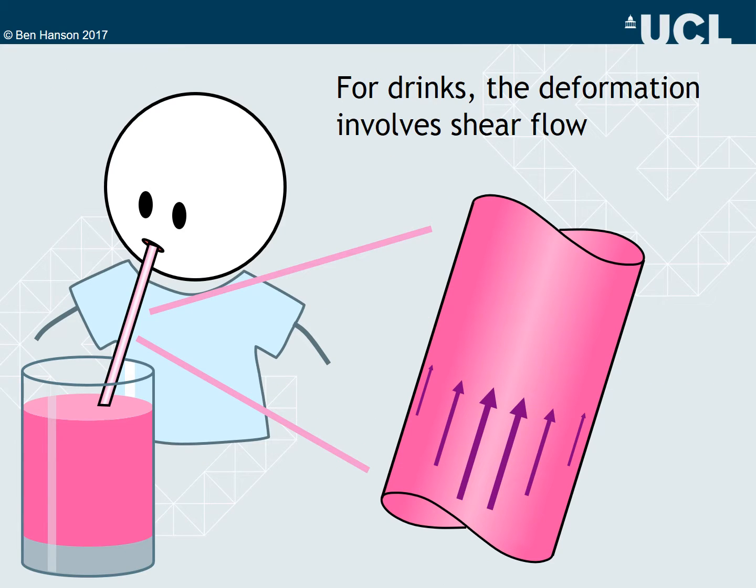Now when we're looking at rheology, there are different types of flow and deformation that can occur. When we're drinking, one of the main types of deformation is called shear flow, and that's when you have layers of a liquid sliding and moving across each other like this, and that's easy to visualize in a straw.